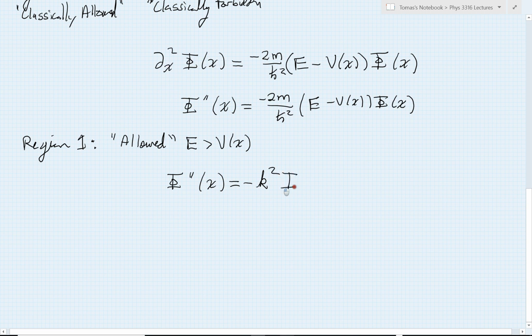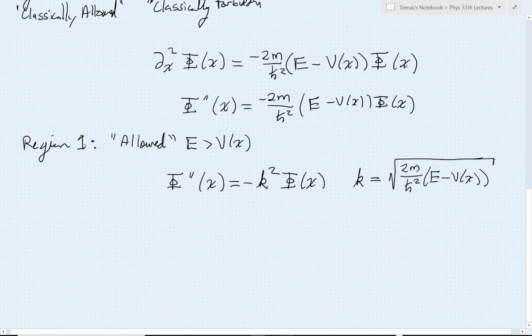And that other quantity then is what's multiplying my wave function phi of x. And I can solve then for what this k must be. It must be the square root of this positive quantity. So in general, it'd be the square root of 2m over h bar squared times the energy minus whatever this potential V of x might be.